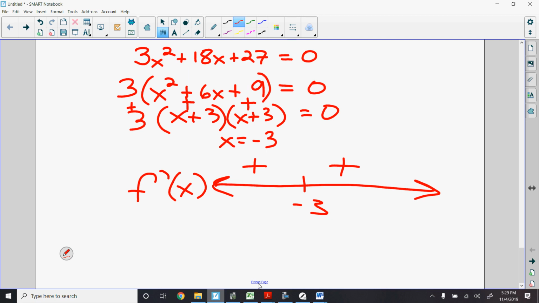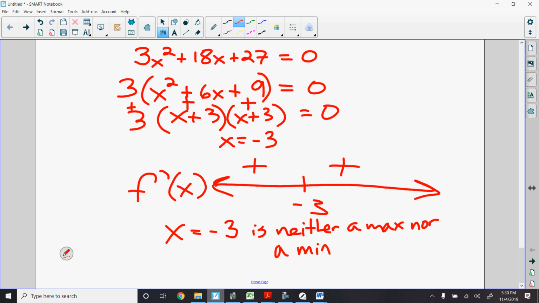Well, notice how f prime didn't change signs. That means x equals negative 3 is neither a max nor a min. Because f prime didn't switch signs.